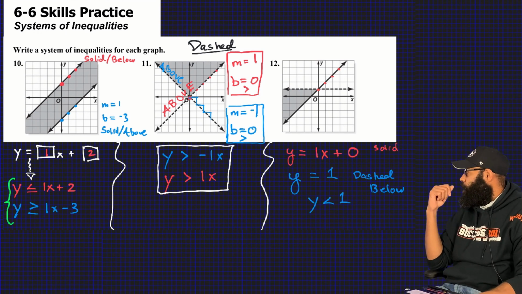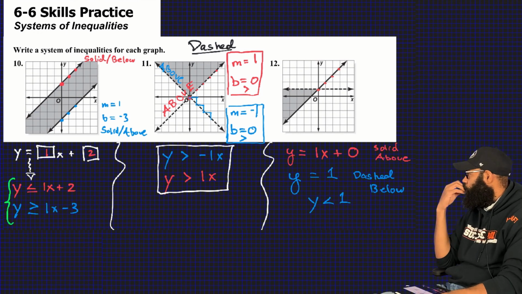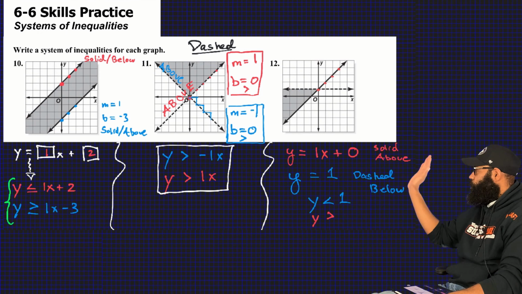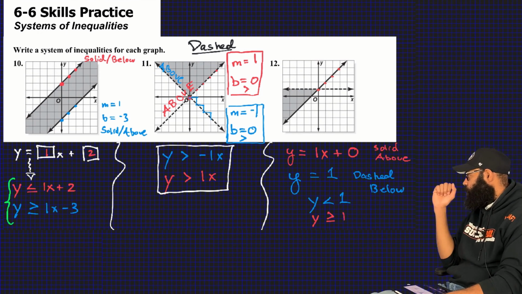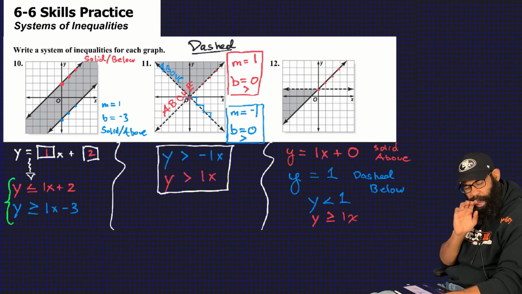But guys, again, looking good. Solid line, which means it's equal to, and it's shaded above, right? So the only thing that I would like to fix there is change that 0 to a 1, and I'll feel good about y is greater than or equal to 1x plus 1.